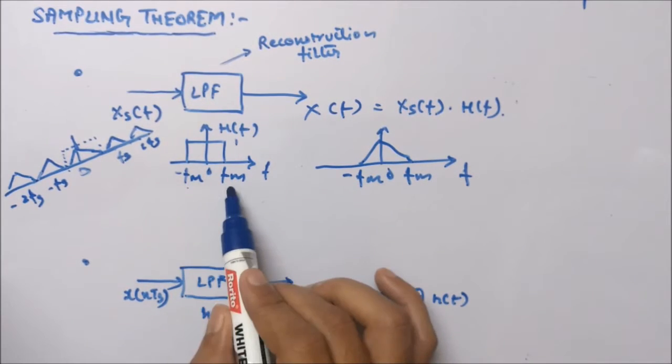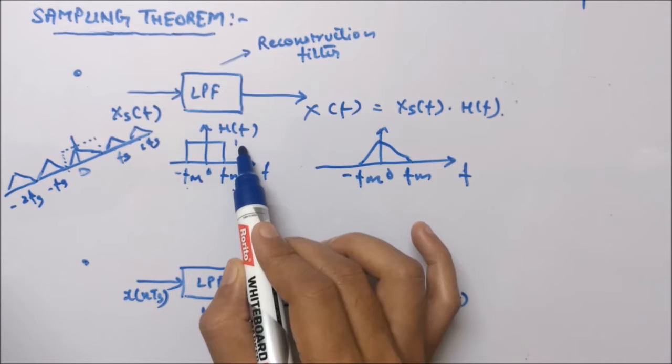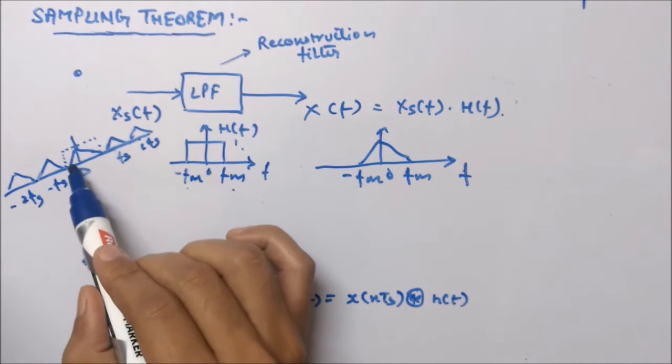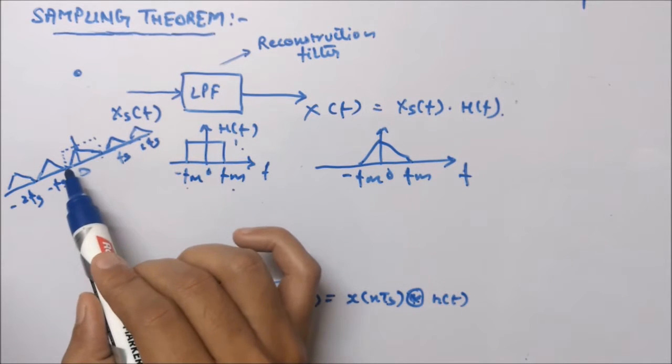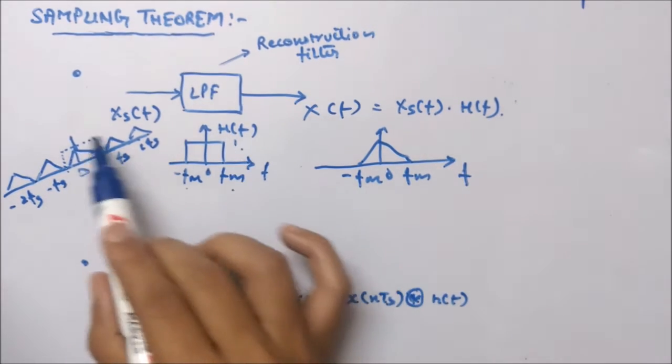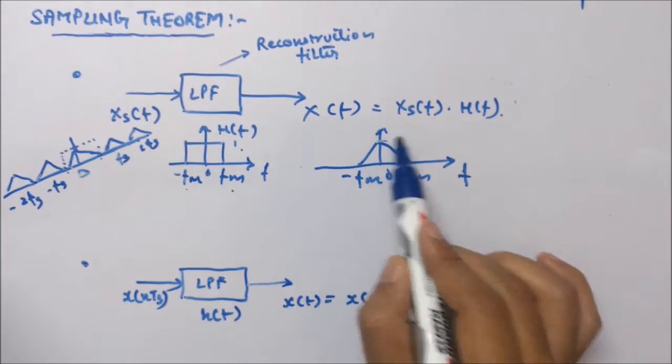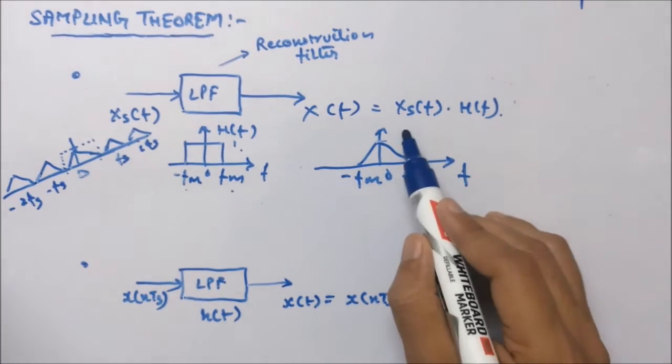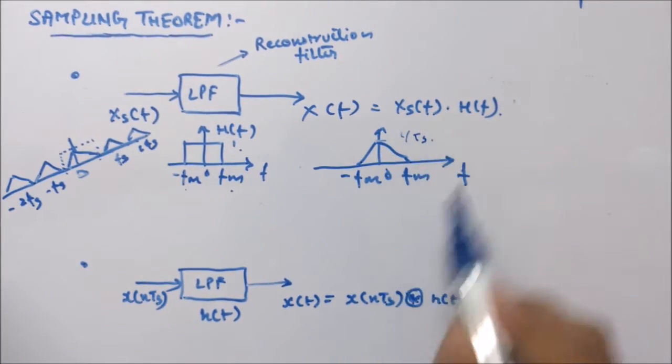Why? Because the filter passes minus fm to fm with amplitude 1. Similarly here, this point and this point were minus fm and plus fm, and the amplitude gets multiplied. Whatever was there, I guess 1 by Ts, was there.